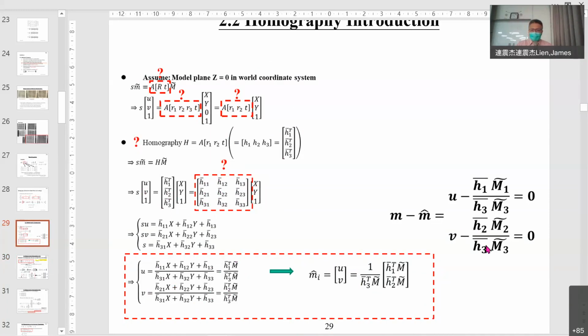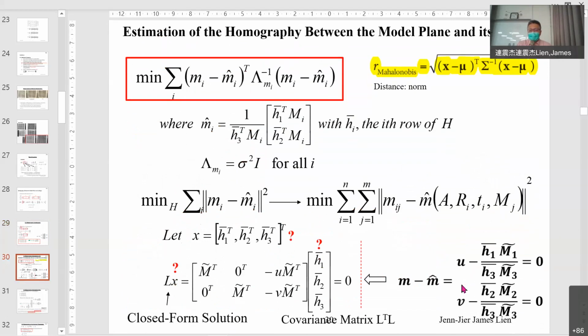So this part equals this part. Based on this, we try to solve the unknown H. H equals this one, A, the intrinsic and extrinsic parameters. This H includes the intrinsic and extrinsic parameters together, so we first solve H, this homogeneous matrix H. This is what we try to solve.